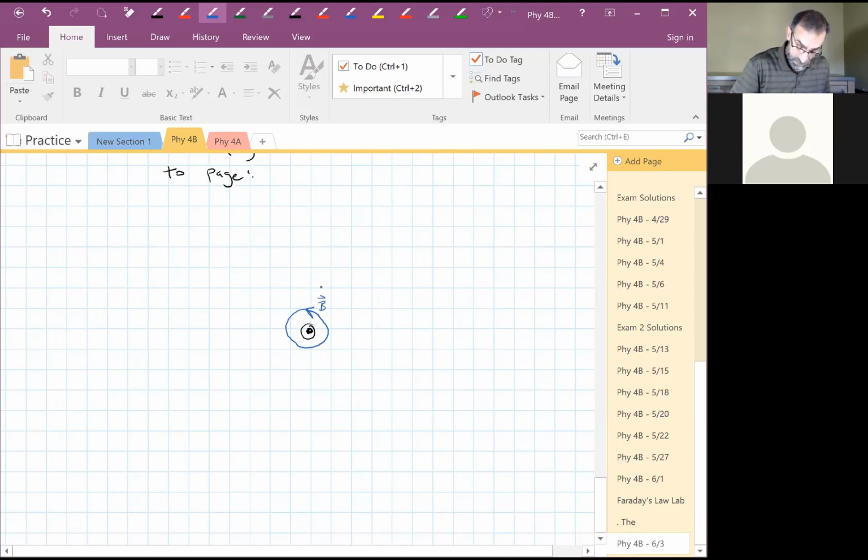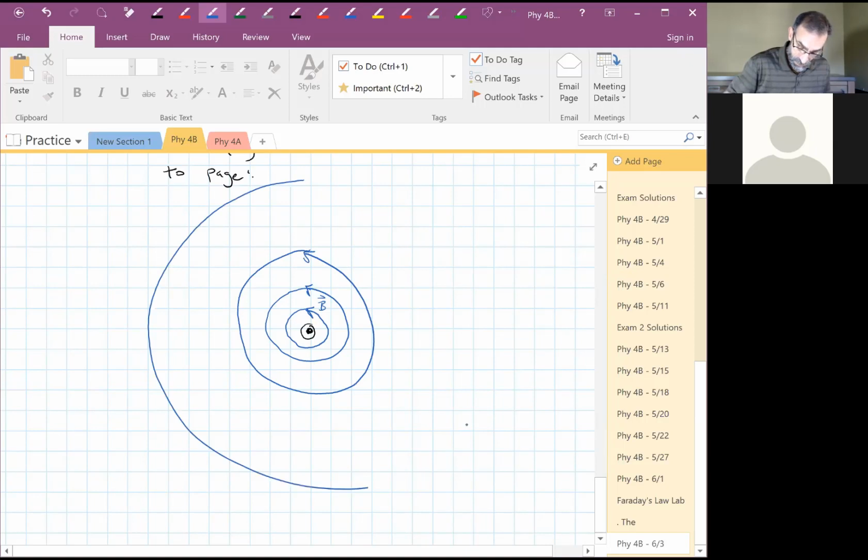And then let's make the next one, how about here? And the next one might be out here, and the next one's going to be over here somewhere. You get the idea? The lines are getting farther apart as our radius gets bigger and bigger.